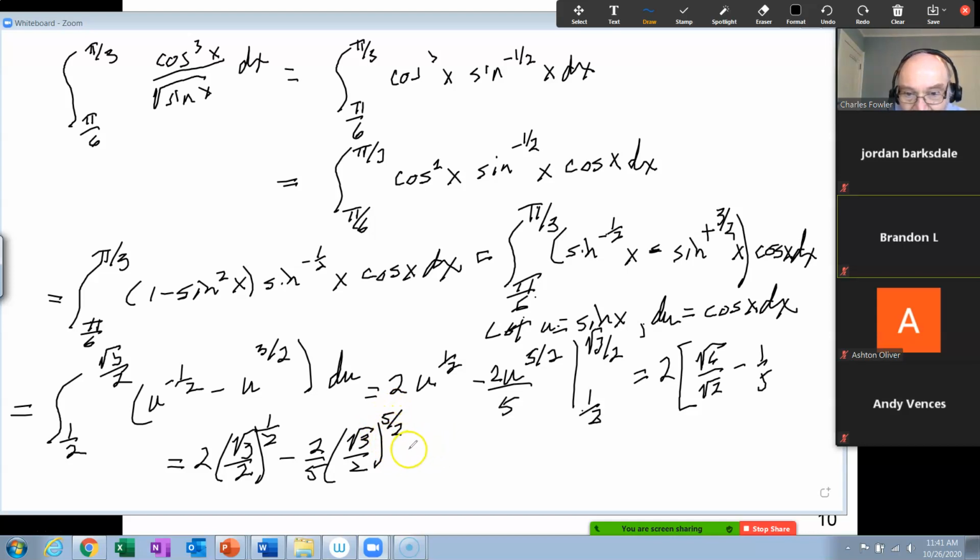Okay, then we have a minus 2 times 1/2 to the 1/2 power, and then minus a minus, which is plus 2/5 times 1/2 to the 5/2 power.